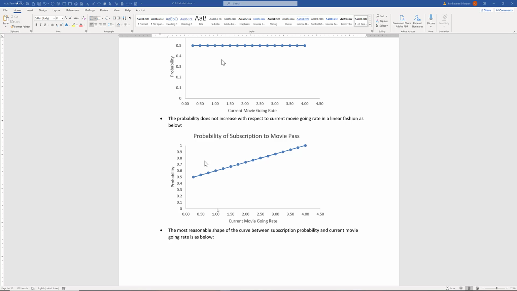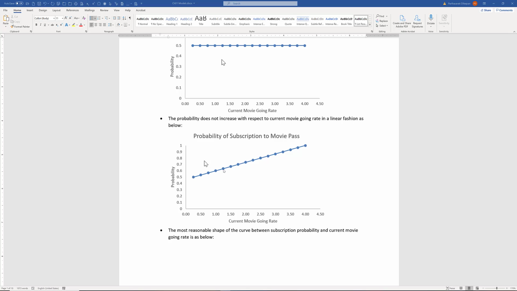If the break-even point is 1.1, somewhere around here, somebody whose current movie going rate is 2 is definitely going to have a very high probability of subscription, not just a little bit higher than somebody at 1.1. So the linear increase in probability is also not reasonable.